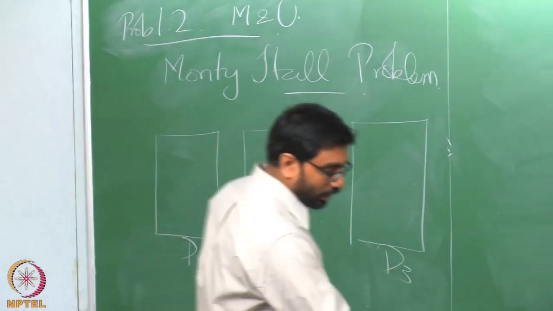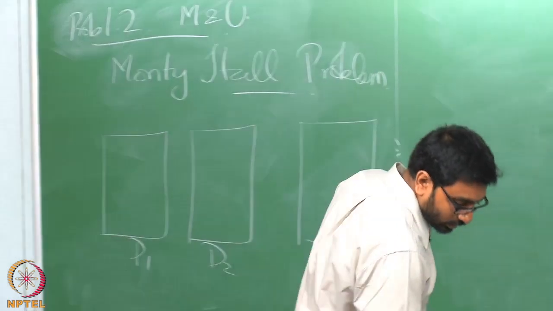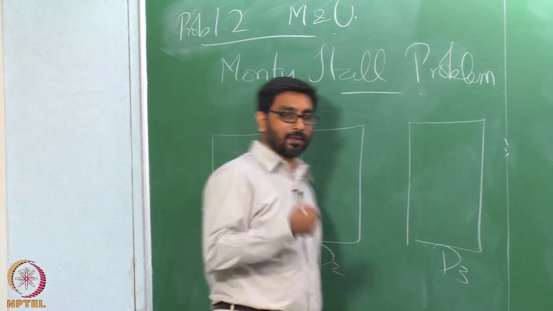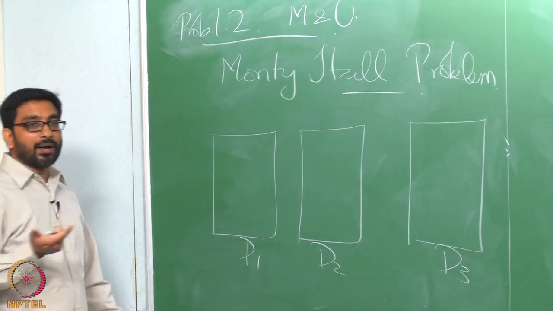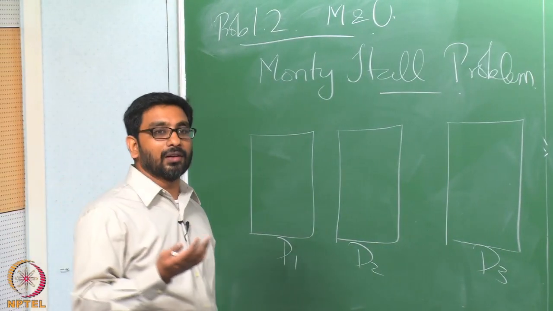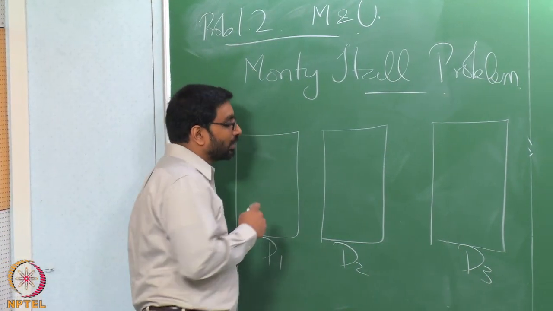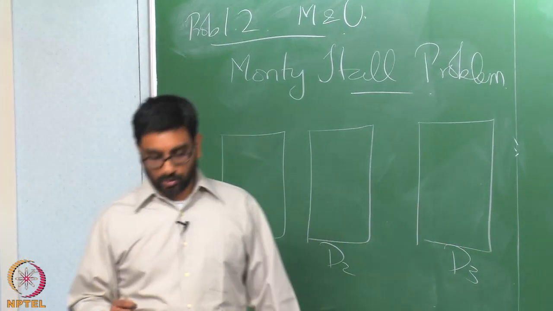Let us say, according to the problem given here, behind the other 2 doors are goats. Obviously you prefer a car, which is a lot more expensive and valuable, and you are allowed to choose a door.